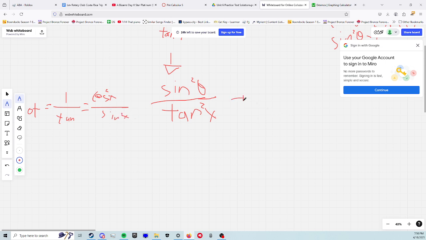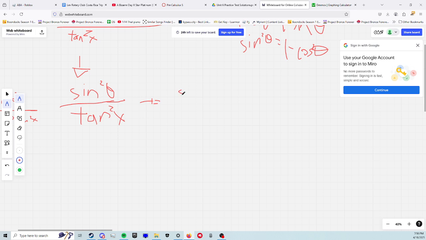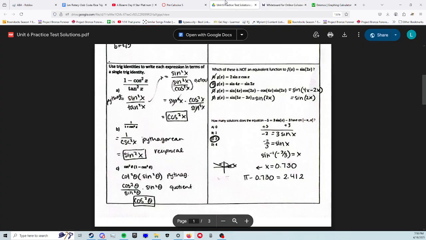So you rewrite this as sine squared theta times cosine squared theta over sine squared theta. Then you cancel these two, because they're both sines, which leaves us with cosine squared theta over 1, which would be your answer.